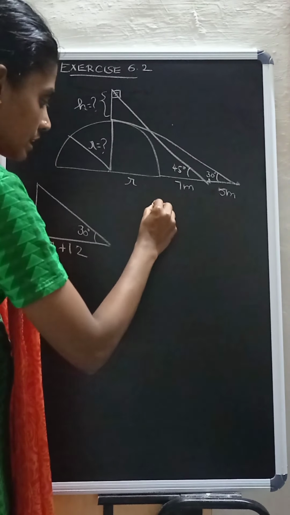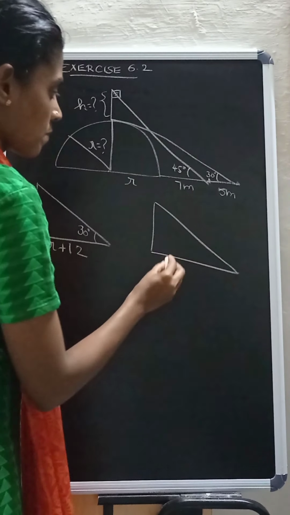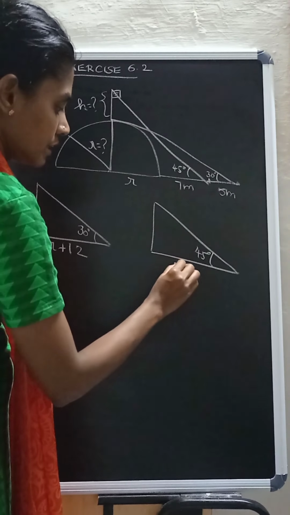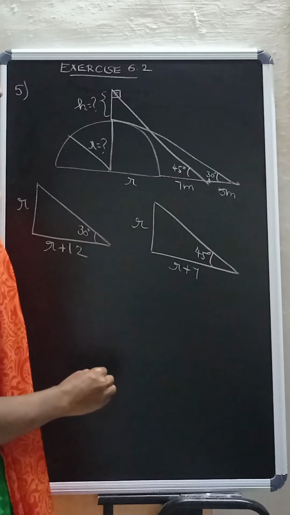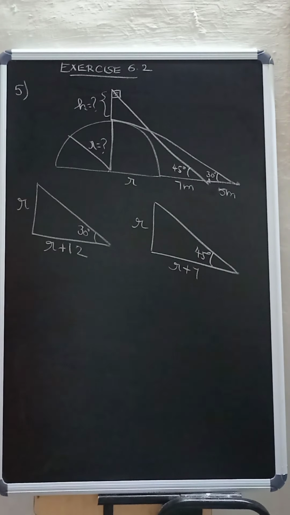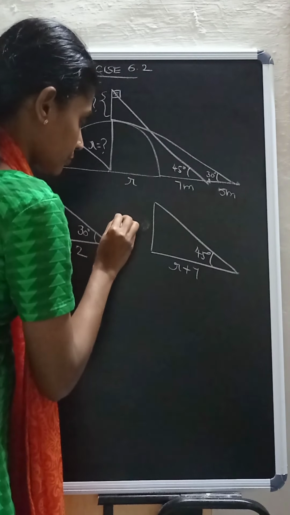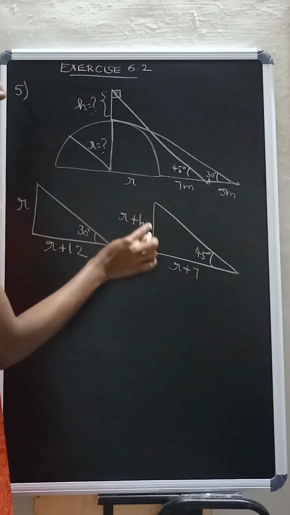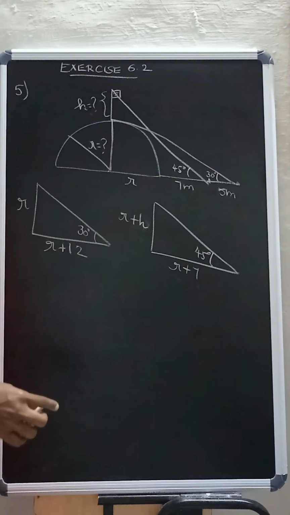Now take the next triangle. This is 45 degrees. The length is r plus 7 meters. Here it is r. Okay. R plus h. Because here we are taking r plus h. So r plus 7, the angle is 45 degrees.